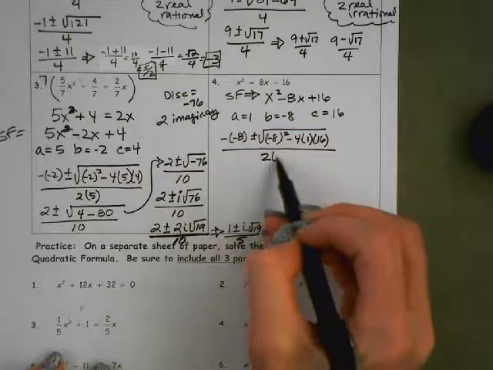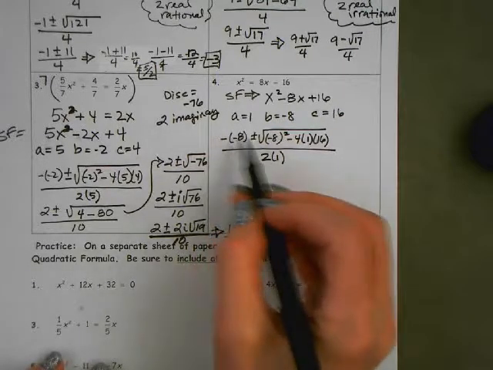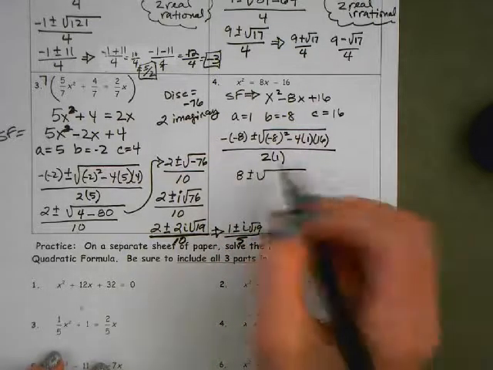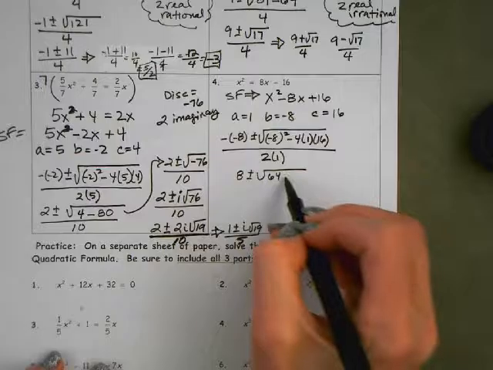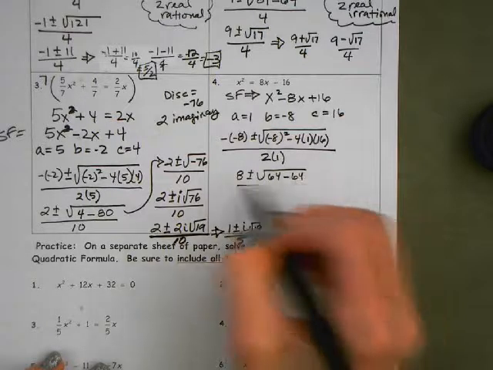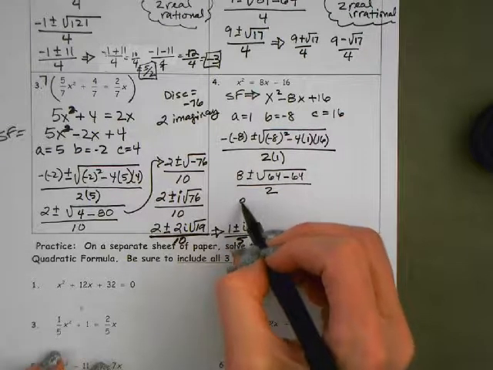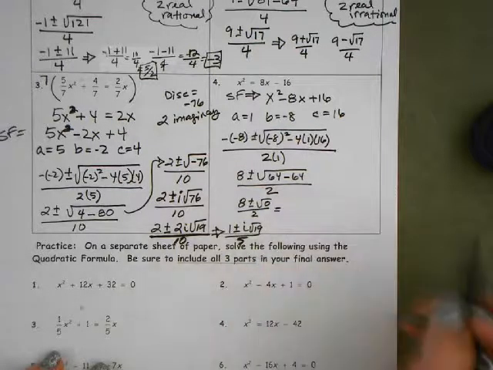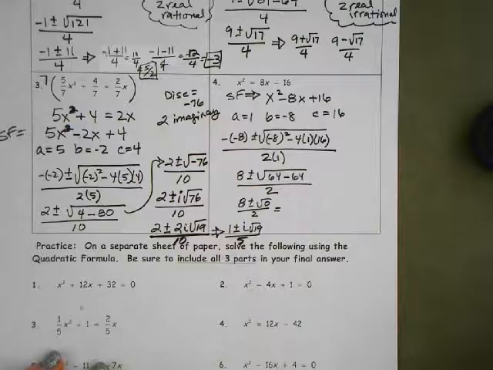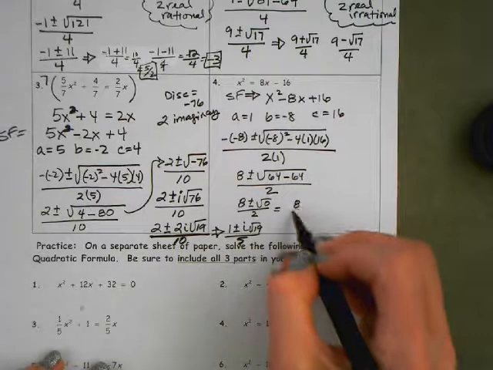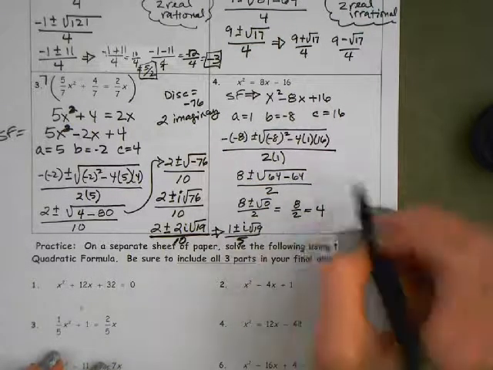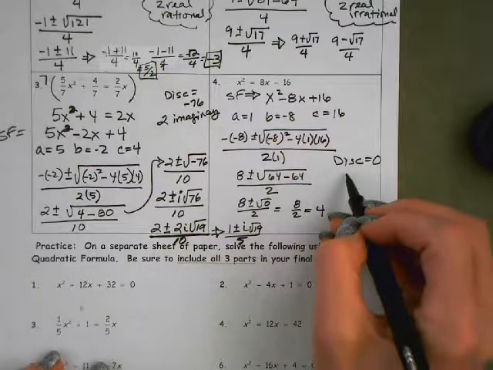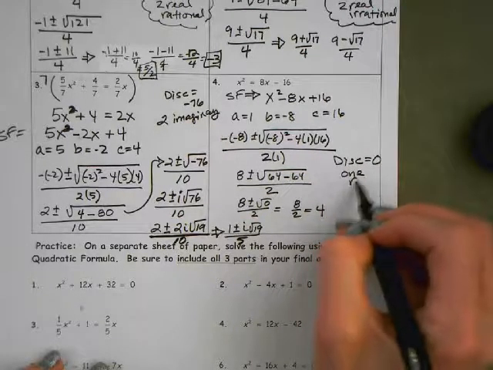So I have negative 8 times negative 8, which is 8 plus or minus the square root of 64 minus 64 all over 2. I got 8 plus or minus the square root of 0 all over 2, so therefore I only have one answer, don't I? I got 8 over 2, which is 4. My discriminant is what? 0, which tells me I'll have one real rational number.